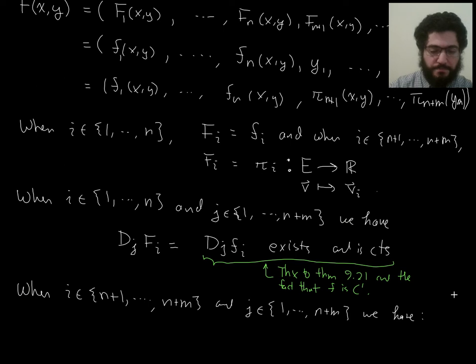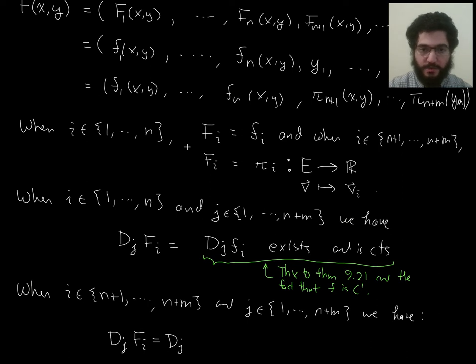We have the jth partial of f sub I is the jth partial of, and we have decided what is f sub I. It's this function that we call pi sub I, the ith projection map. And so does this exist, and is it continuous?